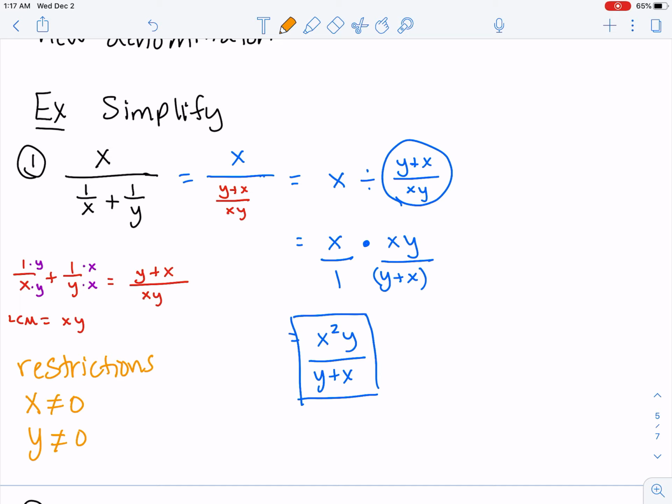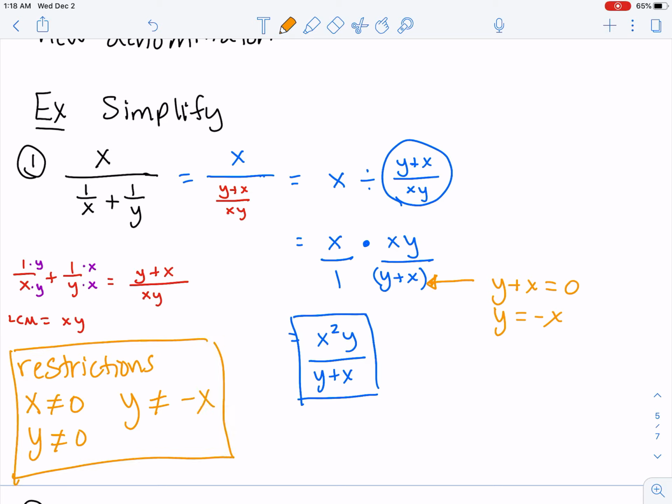All right. Now, when we multiply by that reciprocal, I have to look at the denominator. Okay, I've got to look at this denominator right here. So when does y plus x equal 0? Well, you can say y would equal negative x. So that's a restriction. y can't equal negative x.